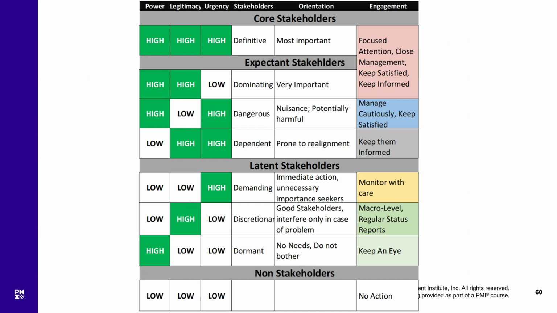As far as the dangerous stakeholder is concerned, why is it dangerous? They wield a lot of power, but they do not have any legal authority to do what they want. But they are in a lot of hurry. They are always urgently requiring it. Now, why are they dangerous?